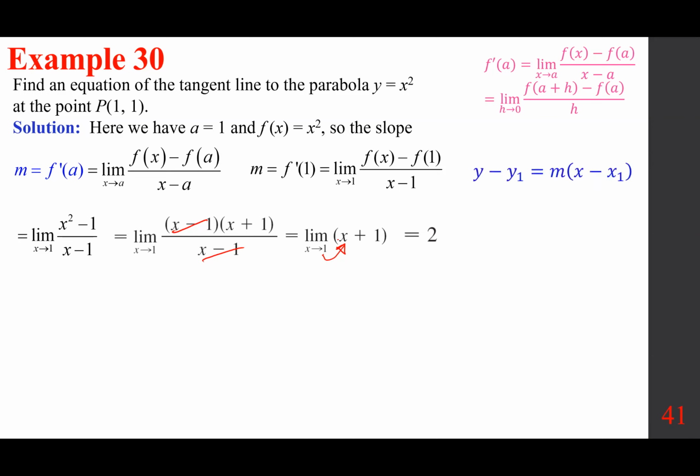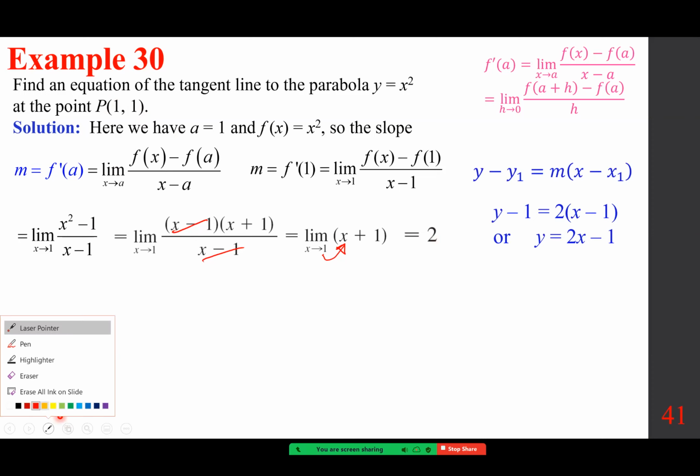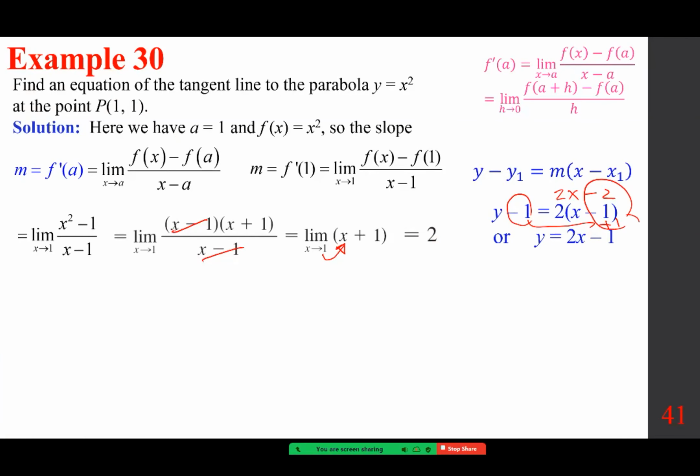That means y minus 1 is 2 times x minus 1, and this would be 2x minus 2. We add 1, and we get 2x minus 1. So y equals 2x minus 1. Again, the pair belongs to the original function and also belongs to this tangent line. So if you plug in 1, you get y equals 1. That's how you check it.